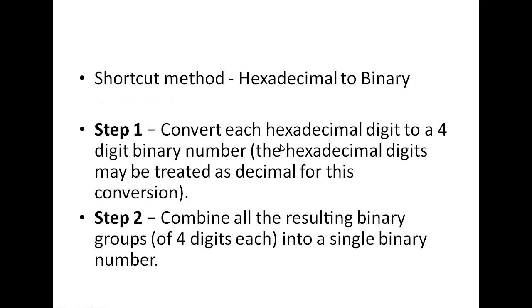Then hexadecimal to binary. Convert each hexadecimal digit to a 4-digit binary number. The hexadecimal digits may be treated as decimal for this conversion. Combine all the resulting binary groups into a single binary number. Okay, 15.